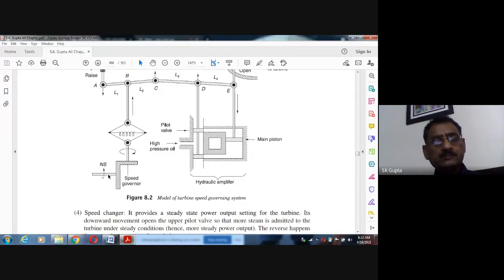They are proportionate. So YV is proportional to del f. So it means this YC is equal to del f into (L1 plus L2) divided by L1 and some constant. ये मूवमेंट इसमें आएगा.